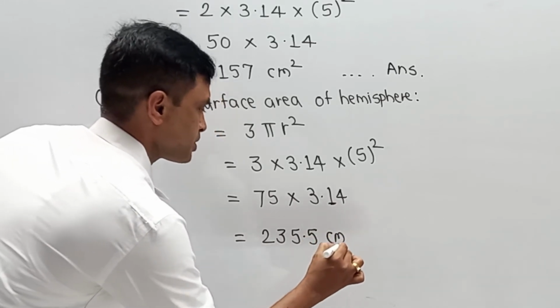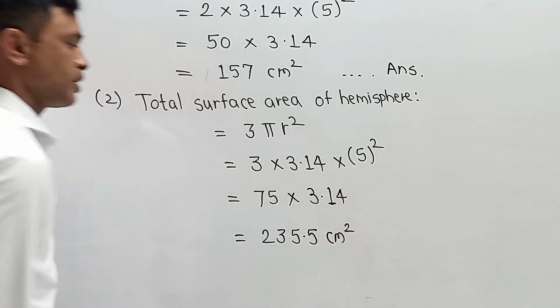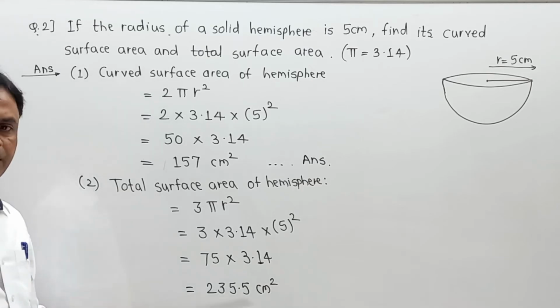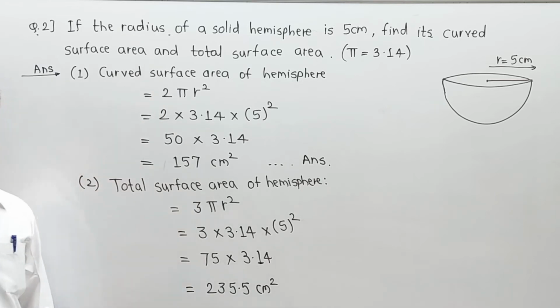And total surface area, that's why centimeter square. So this becomes 235.5 square centimeter, and in this way you can solve the entire numerical.